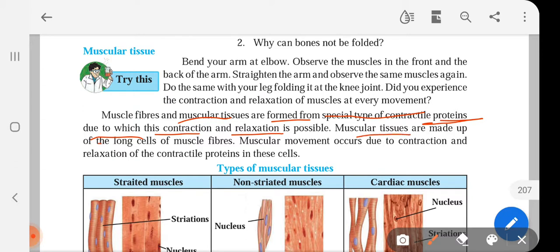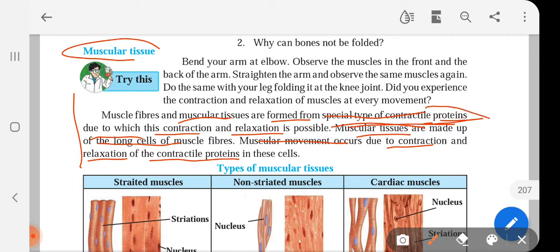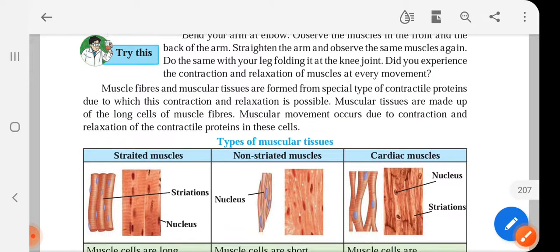Muscular tissues are made up of long cells called muscle fibers. Muscular movement occurs due to contraction and relaxation of the contractile proteins in these cells. Our muscles are made up of muscular tissue, and these are the proteins present in muscles.